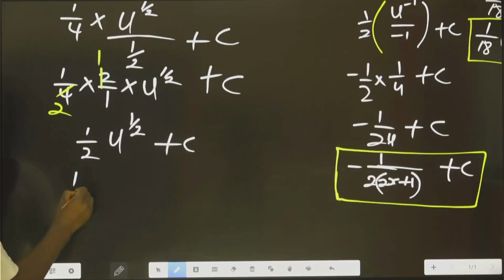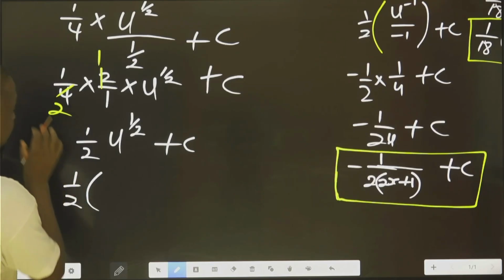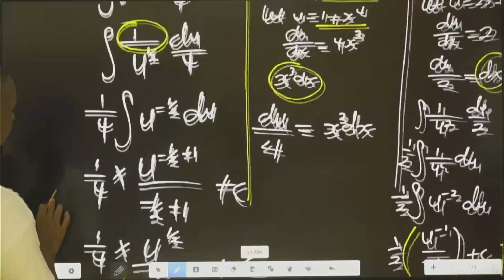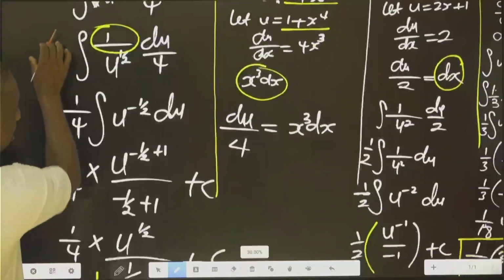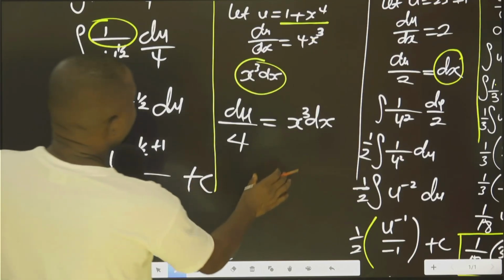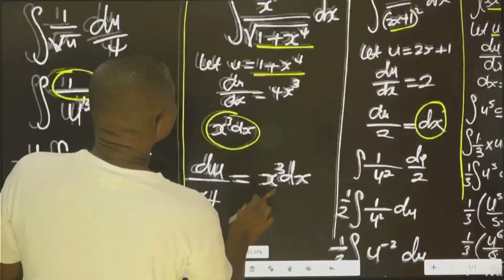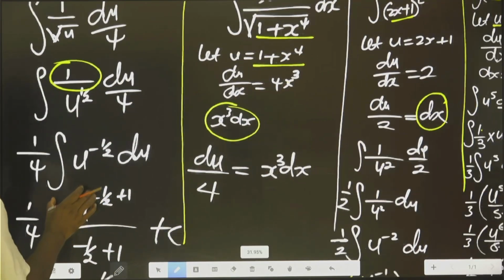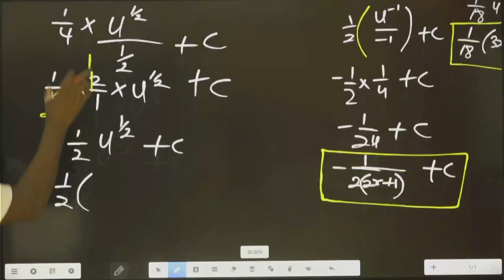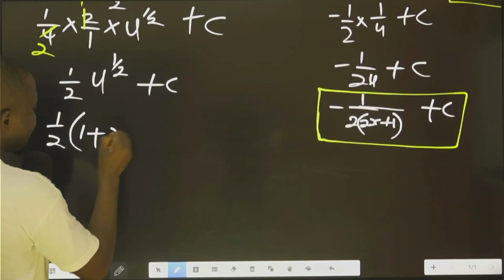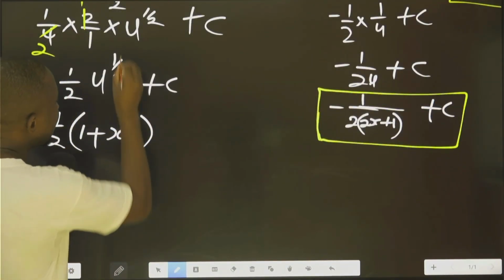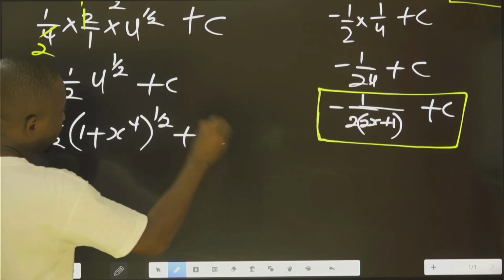Then now we can replace this u by the value of u. What was the value of u? That is 1 plus s raised to power 4. So we have 1 plus s raised to power 4, all raised to 1 over 2, plus c.